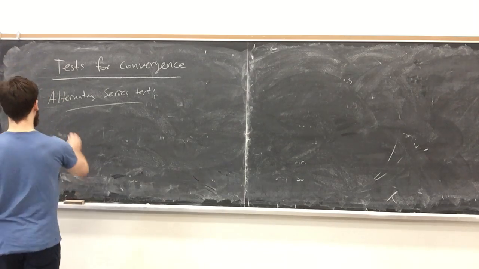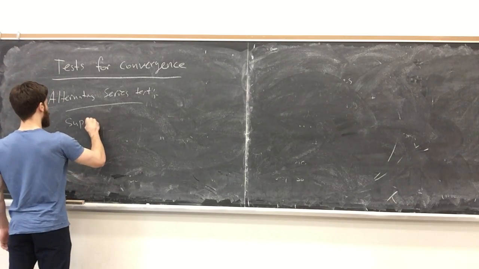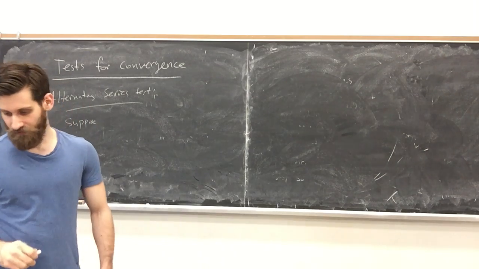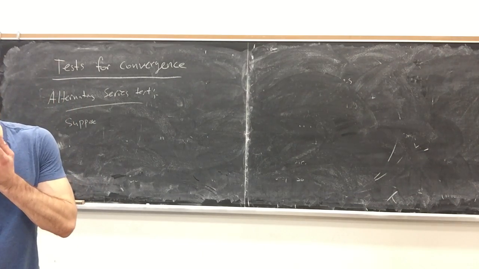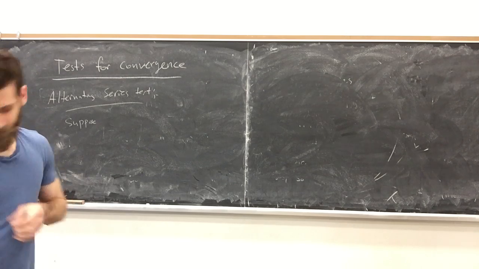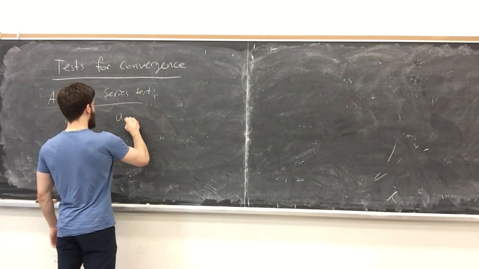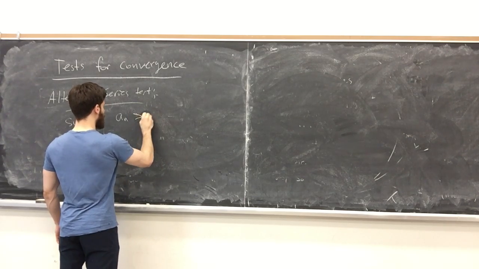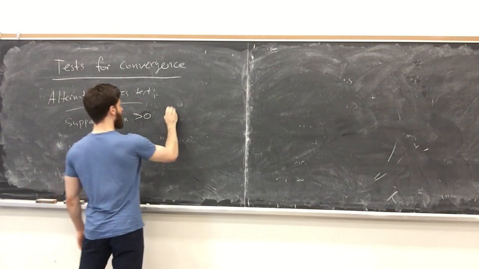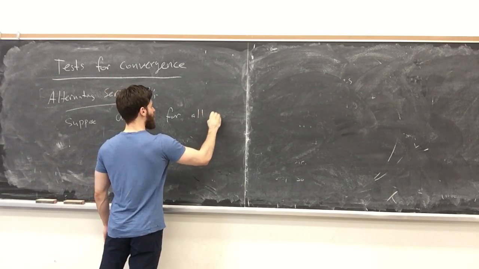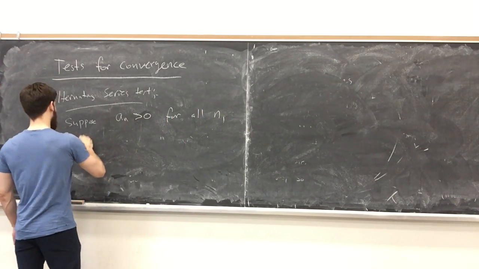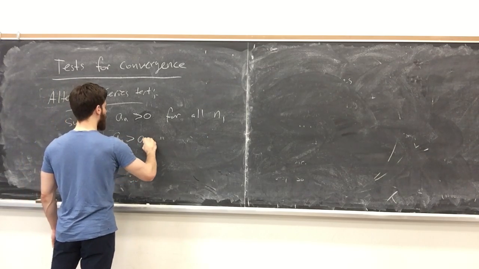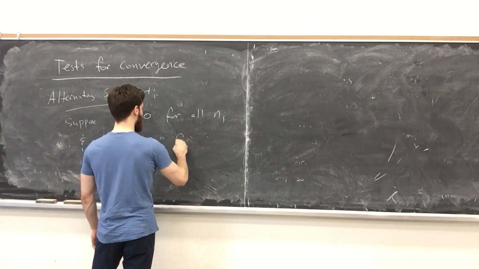Okay, so suppose that a_n is a positive sequence, so a_n is bigger than 0 for all n. And it's strictly decreasing, so a_n is bigger than a_(n+1), also for all n.